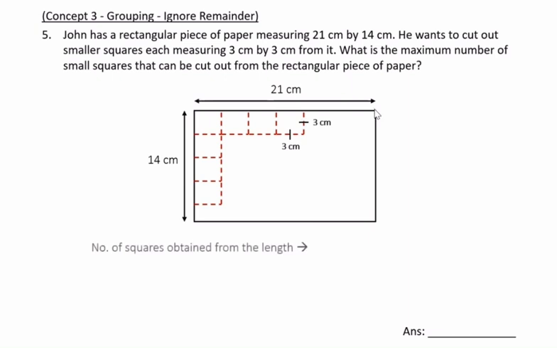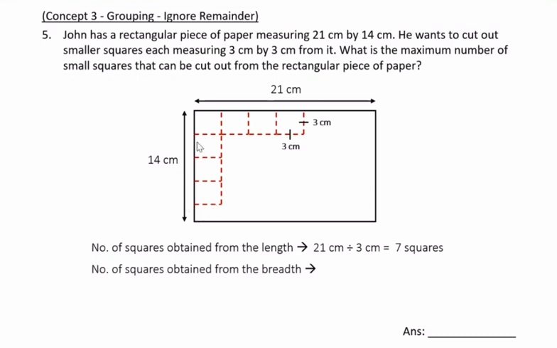So in 21 cm, how many sides of 3 cm can you get from the length of 21? You take 21 divided by 3. You will get exactly 7 squares out from the length. But what about the breadth? This is 14 cm.